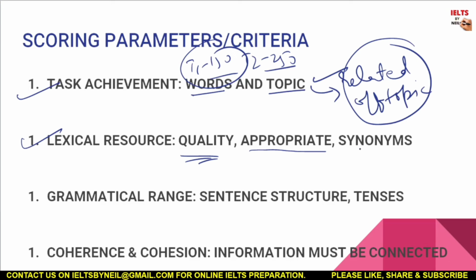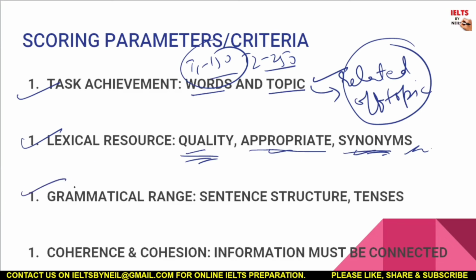Next one is synonyms. You have to use synonyms rather than repeating the words. Use different words which mean the same. Synonyms are more important. You need to learn at least 50 to 100 synonyms before you even sit in the exam. So in lexical resource, they check the quality of your words, the appropriateness of your words, and synonyms.